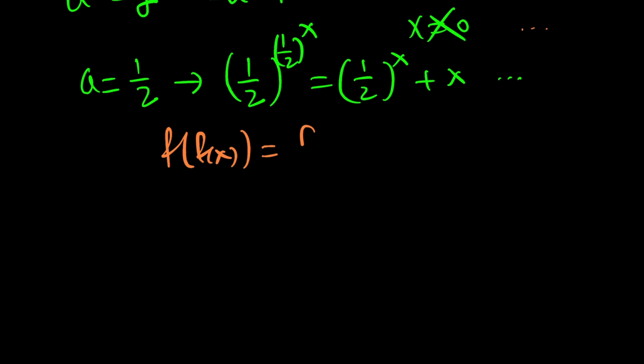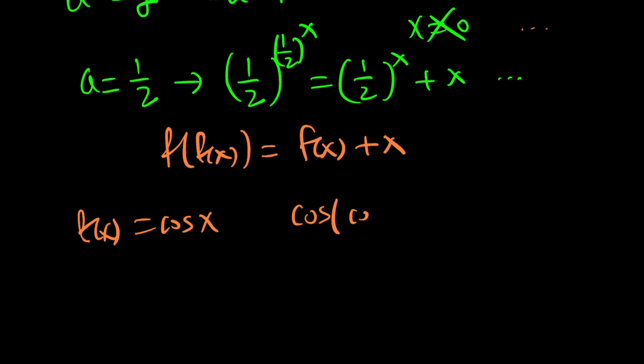So now let's take a look at another case. Maybe something trigonometric, right? Can f of x be something like cosine of x? It's very unlikely because this is going to complicate things. Suppose f of x is cosine of x. Then you're going to get cosine of x equals cosine of x plus x.